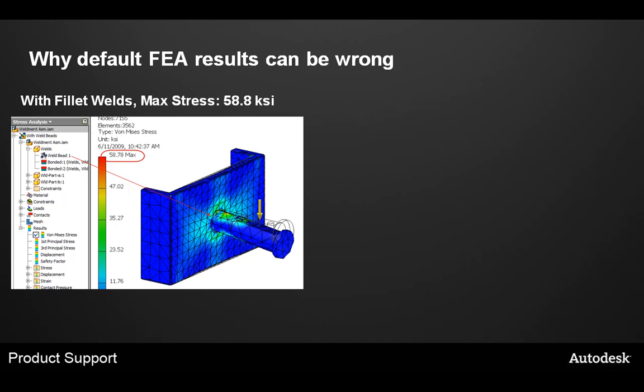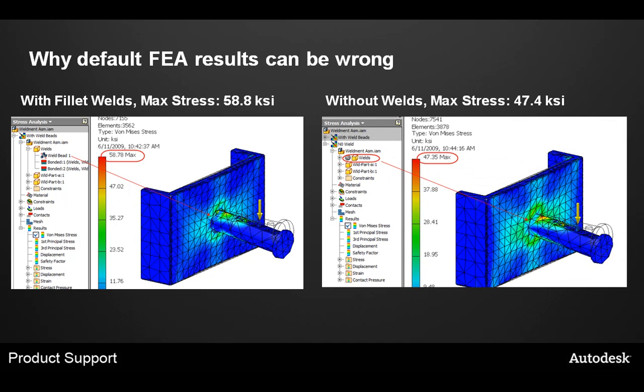If I compare this to a slightly different situation where I remove the weld beads, I obtain a maximum stress level of 47.4. Intuitively, you would expect the stress levels to be higher when the transition is more like a straight corner transition versus a filleted type of transition, which is the case for a weld.